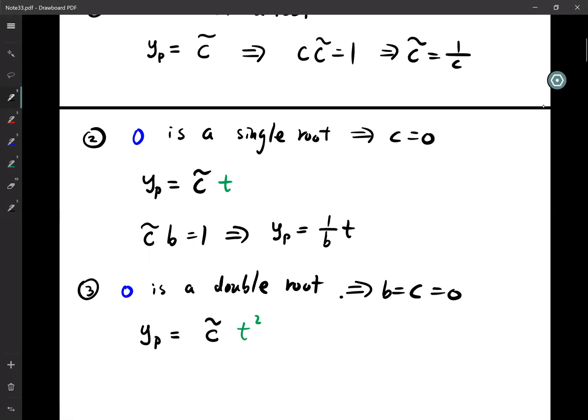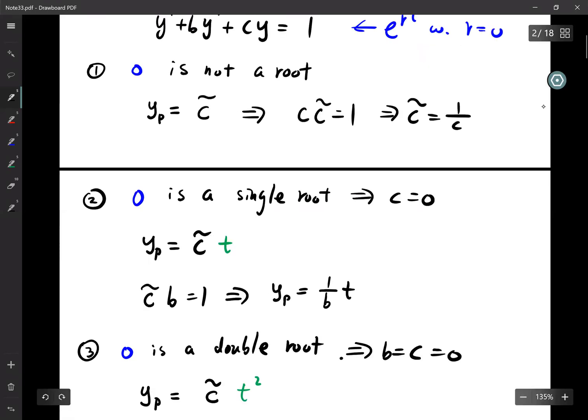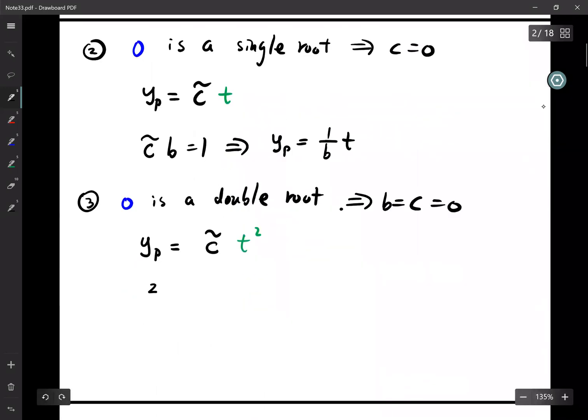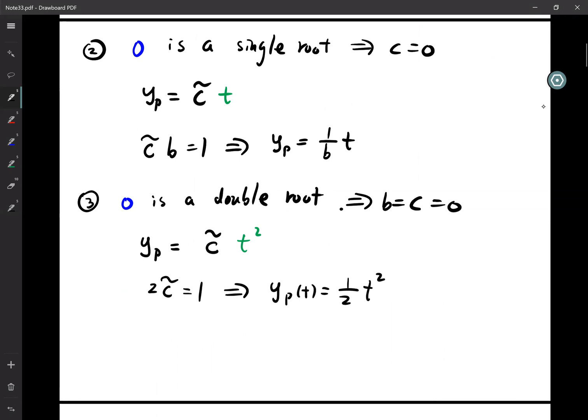Plugging this solution into the equation, we have 2 times C tilde is 1, and therefore yp(t) is just one half t squared. Of course, this is only one solution. You will add the solution to the homogeneous equation to get the general form of the solution. Any question?